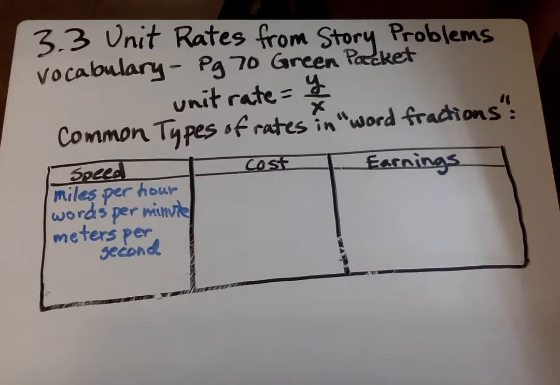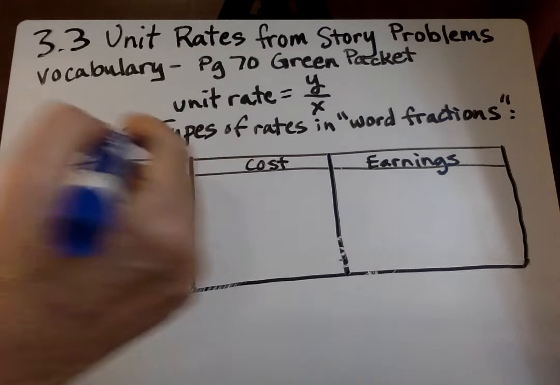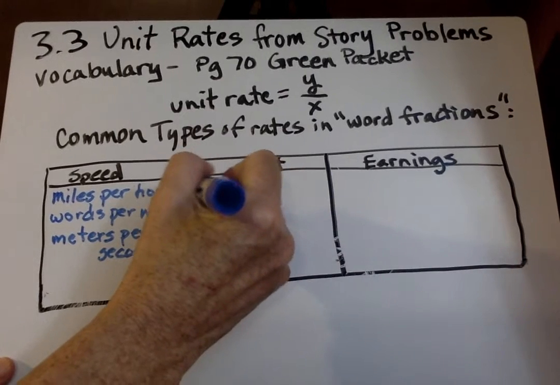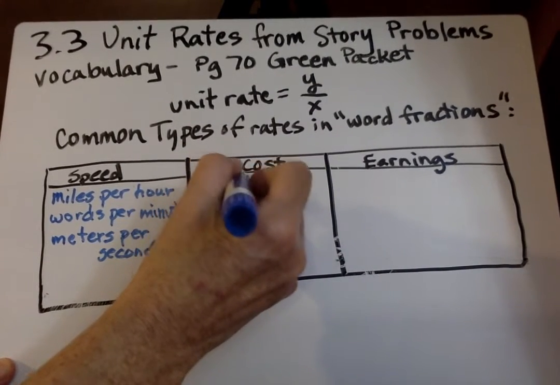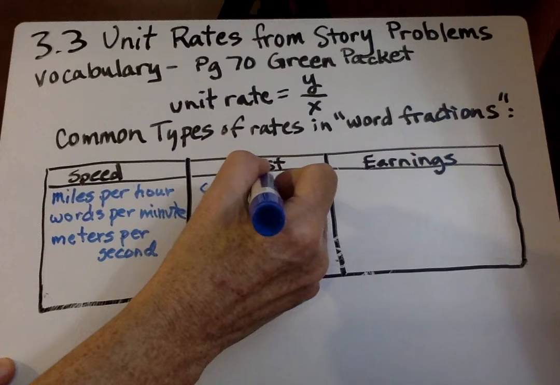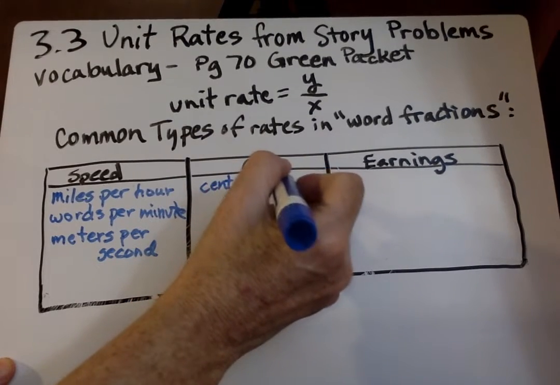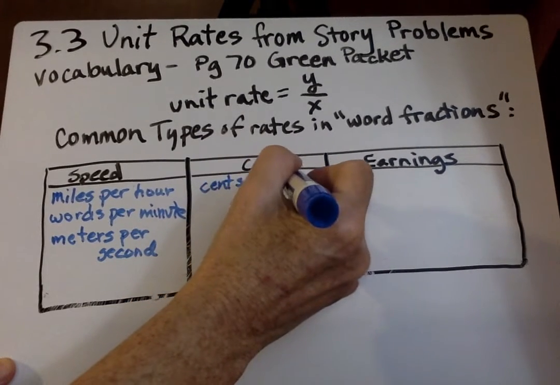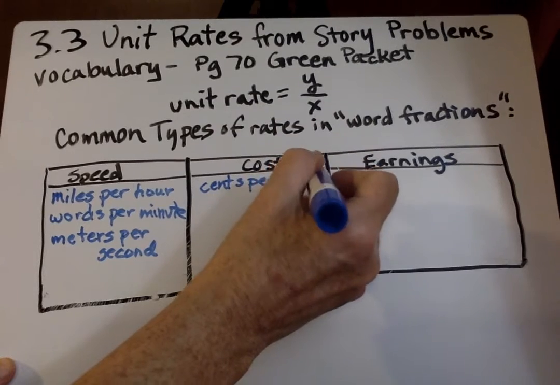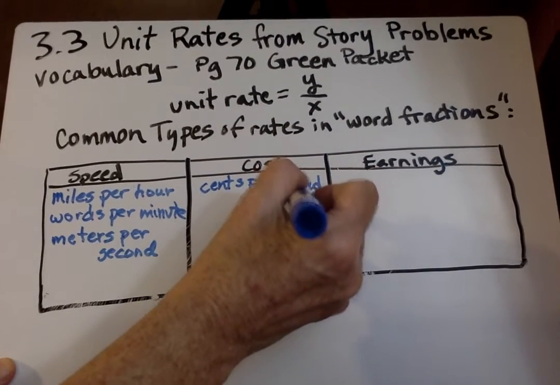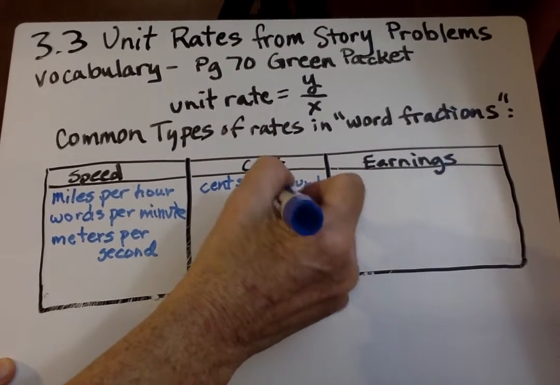Now let's go on to cost. If you go to the store and you're going to buy bananas, what do you pay? You pay for bananas by the cents per pound. I debated whether I should write pound out or write LB.